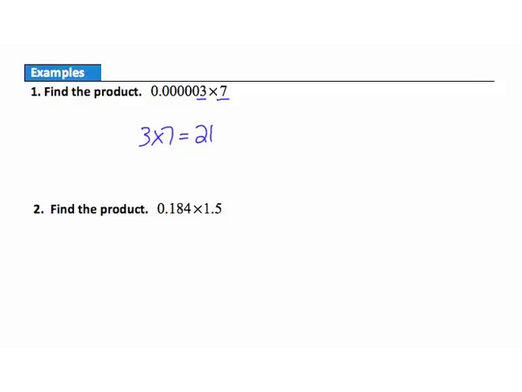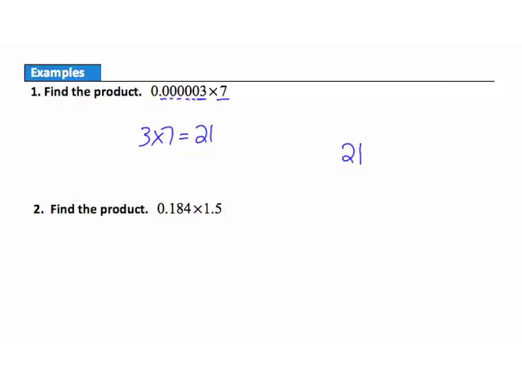So we look back up at the numbers we were multiplying together. You'll notice the first number has 1, 2, 3, 4, 5, 6 digits behind the decimal. The second number doesn't have any digits behind the decimal. So what we need to have in our answer is 6 digits behind the decimal. If I write 21, that's 2 digits behind the decimal.